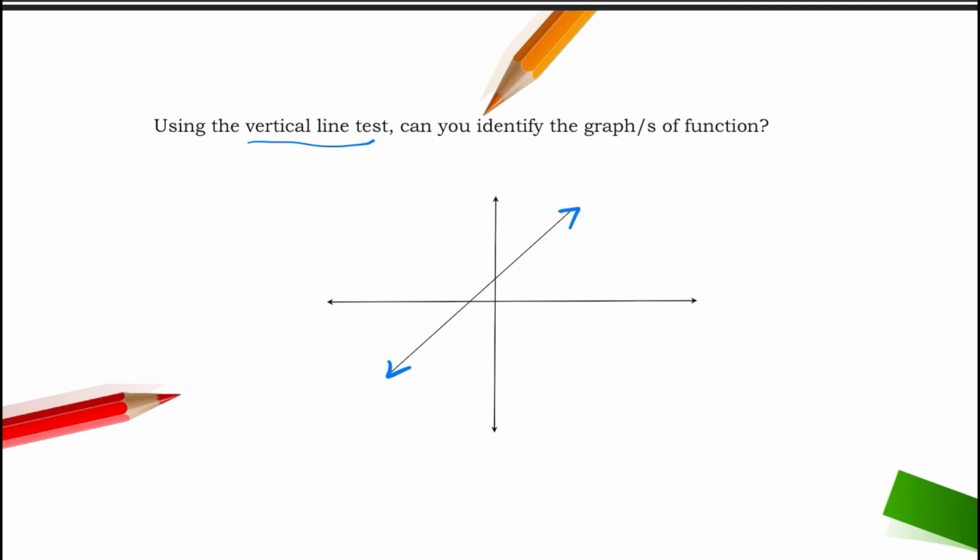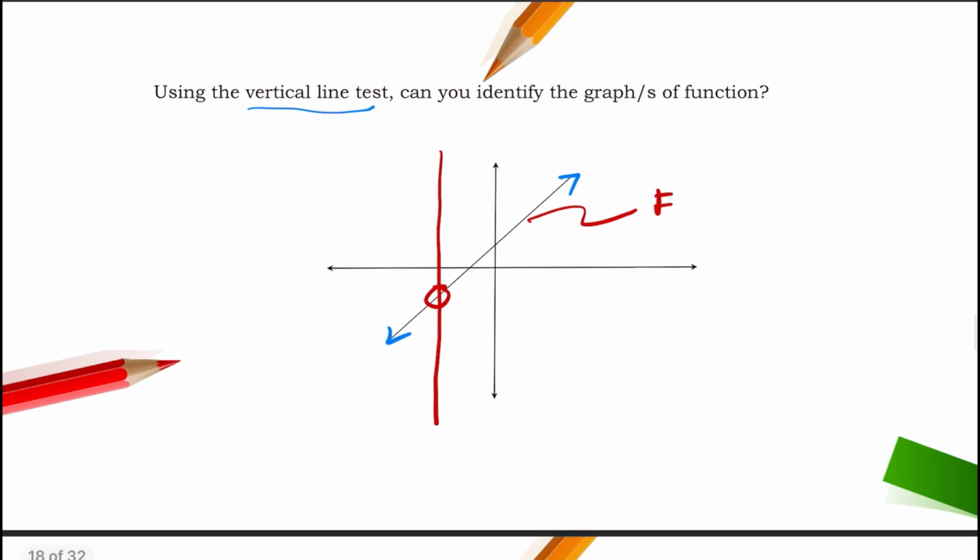Again, let's draw a vertical line and observe their intersections. How many intersections are there? There is only one, right? So it satisfies the definition. So therefore, this graph is a function. Okay? Next example.